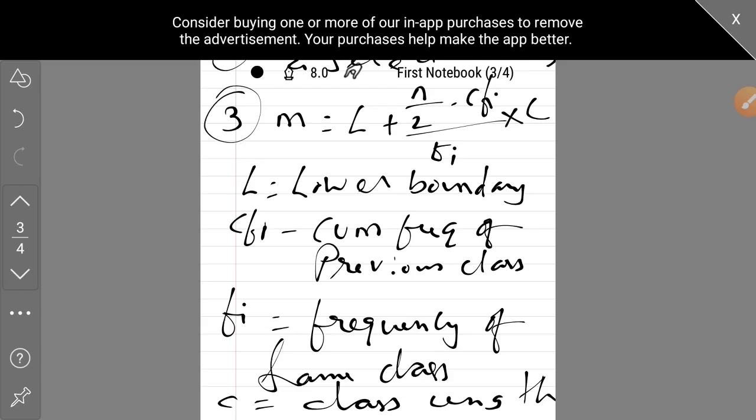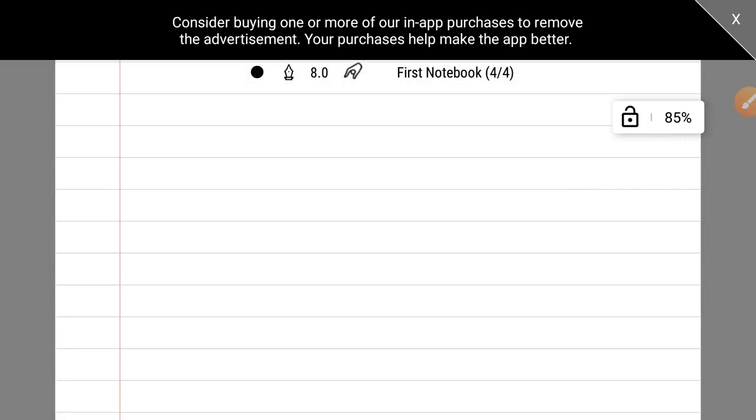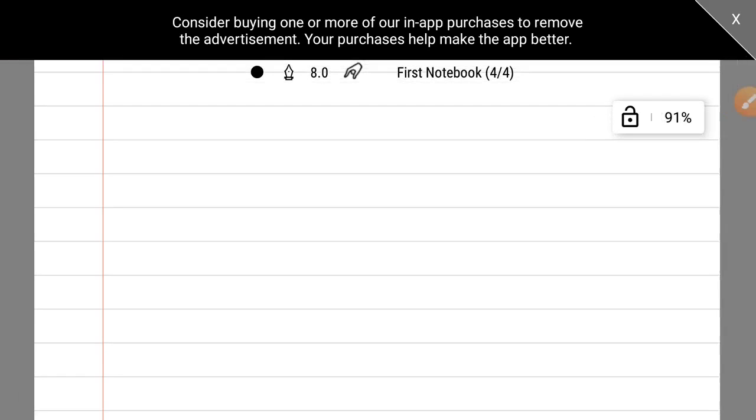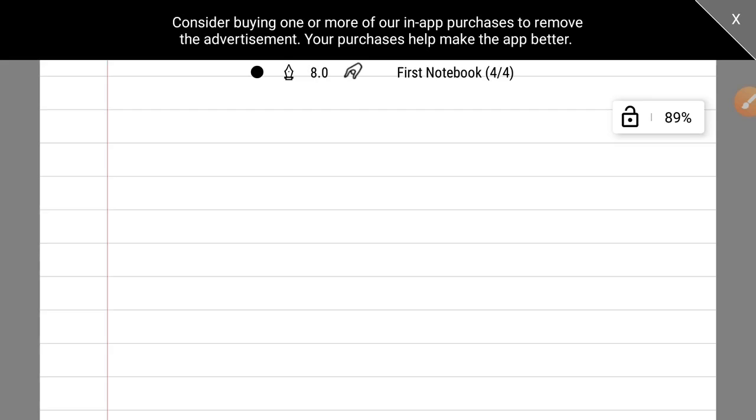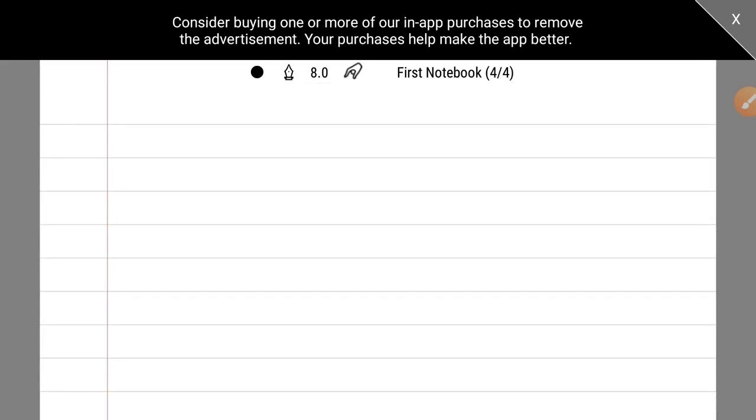Okay, so let's do another sum. Let's do a sum from exercise 3.4.